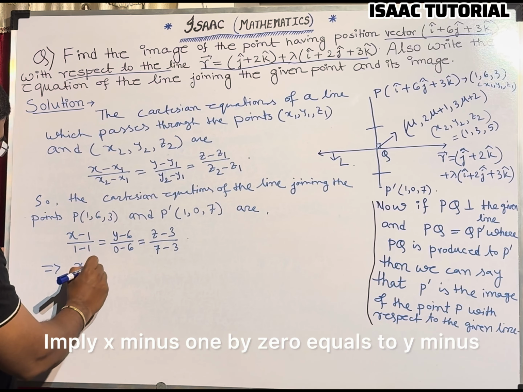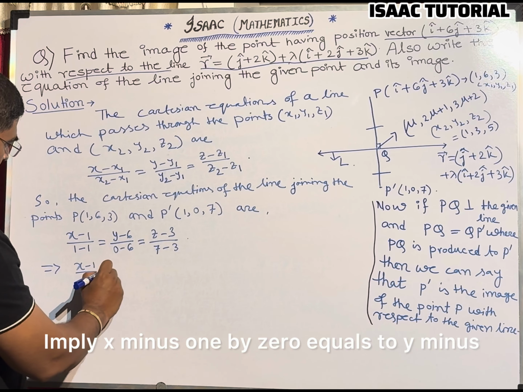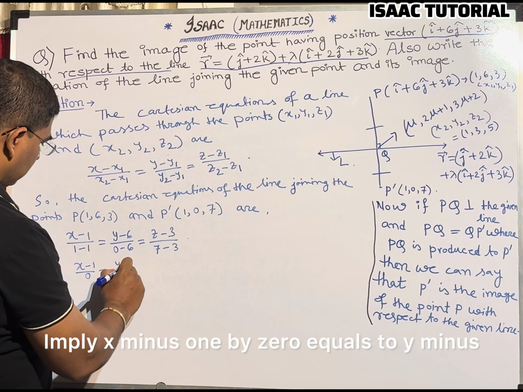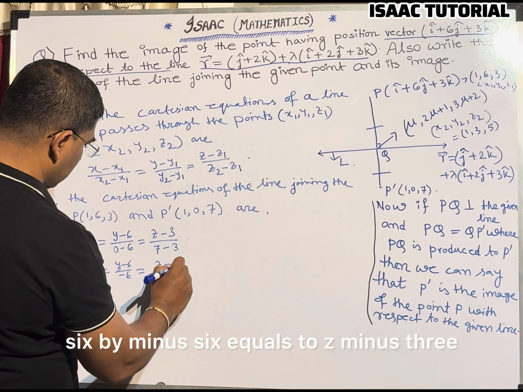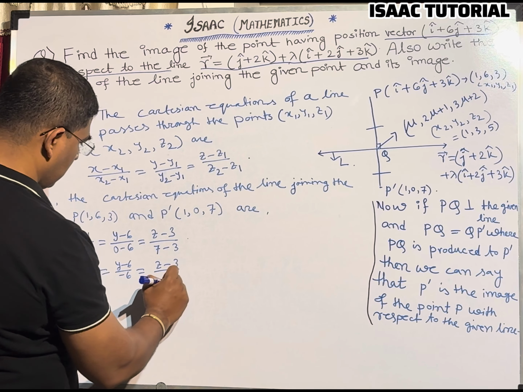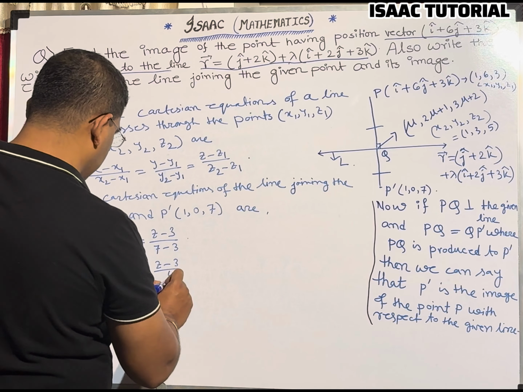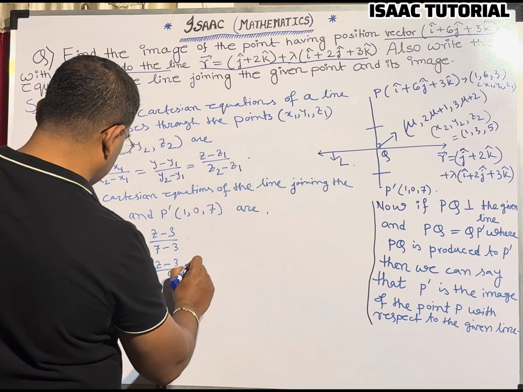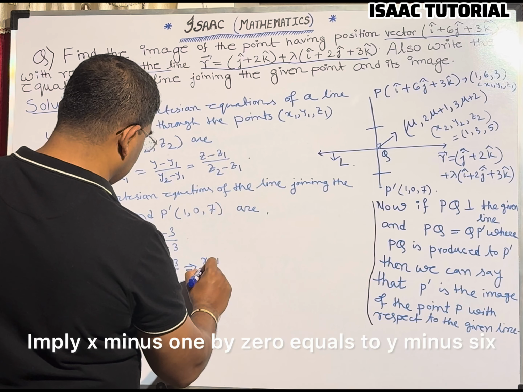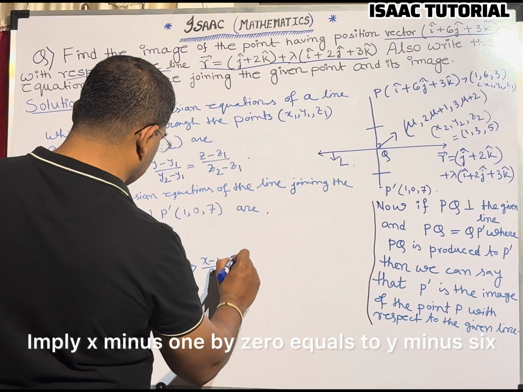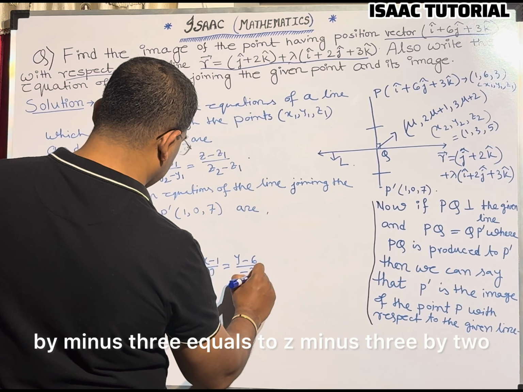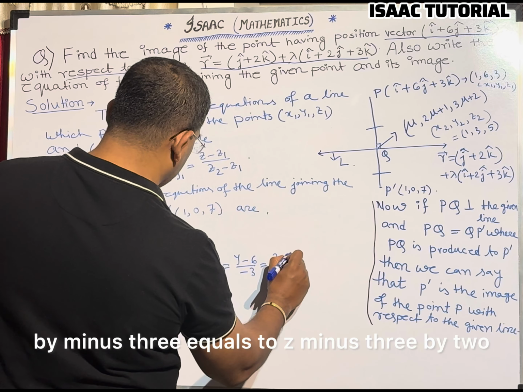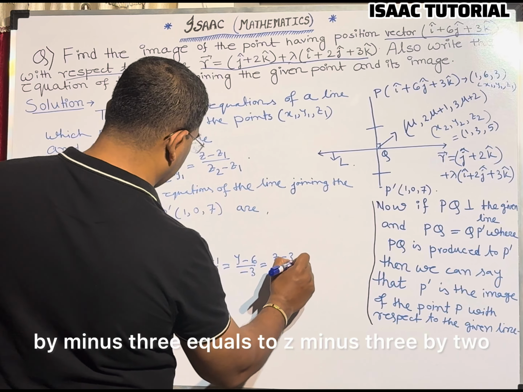This implies x minus 1 by 0 equals y minus 6 by minus 6 equals z minus 3 by 4. This implies x minus 1 by 0 equals y minus 6 by minus 3 equals z minus 3 by 2.